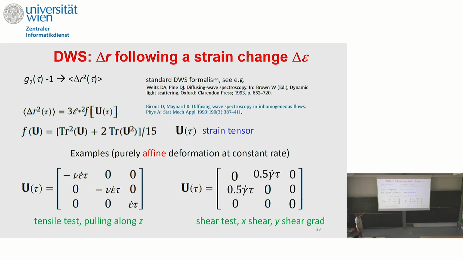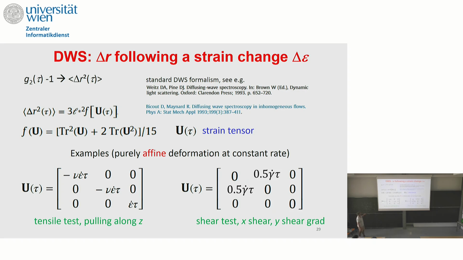It's just 3, this is L star squared, and this complicated function is not so complicated in the end. This is the trace squared of the strain tensor, and so on. You see here the expression. The point is that for simple geometries, you look up in a textbook what the strain tensor is. This is perfectly known.